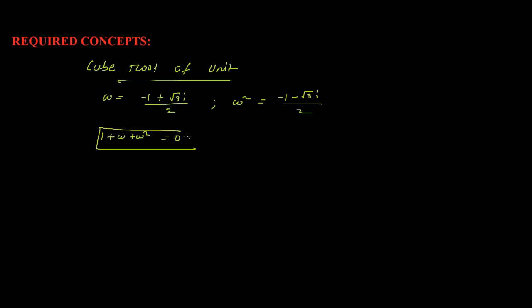This is the important one. And the other important concept, not only for this question, omega cube is equal to 1. So these are the basic necessary concepts we will apply in the coming question. Okay, so let's start the question.